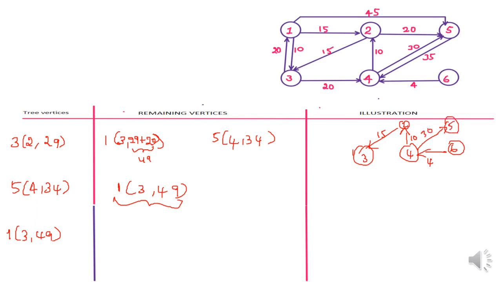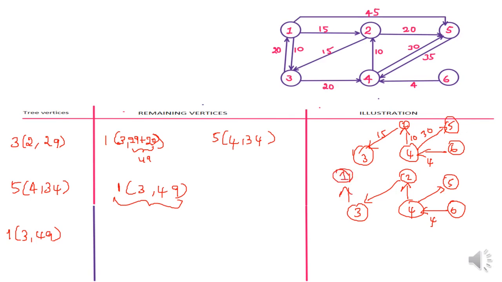Next I have to add 1. So again 6, 4, then 4, 5, then 2, next 3, and then the final last vertex. So with this I have added all the vertices, and I can tell that I have got the shortest paths from 6 to all other vertices.